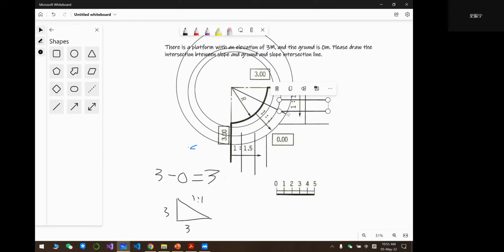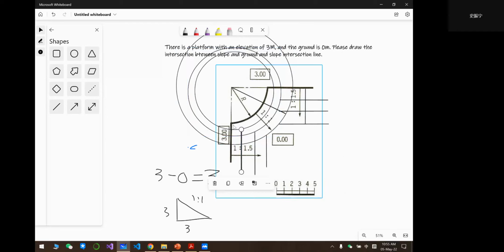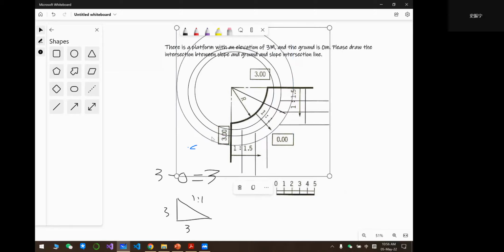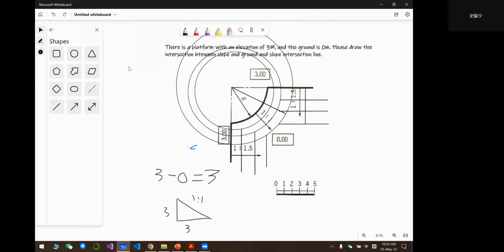Okay, so you can see this line is 2, and this line is 2, and this one is 1, and this is 1. I think this is not very nice. So please connect this point, and you can get it.